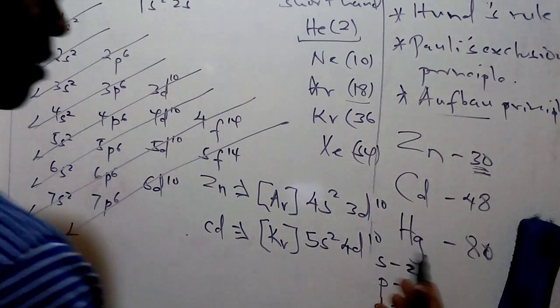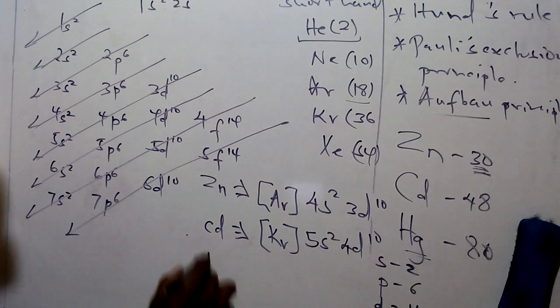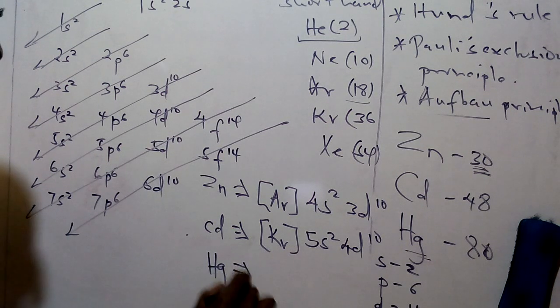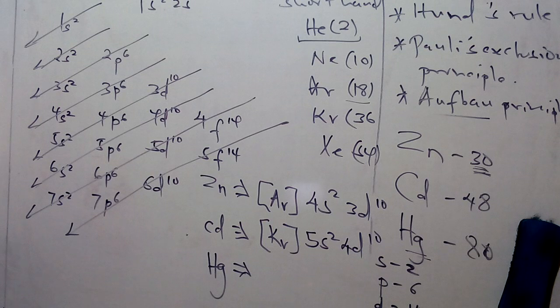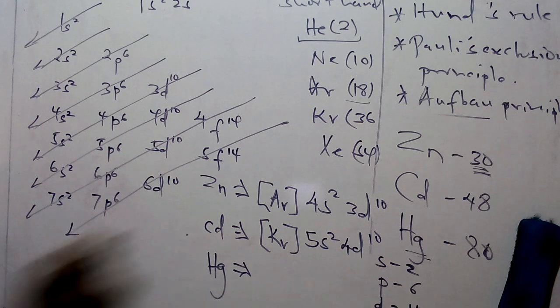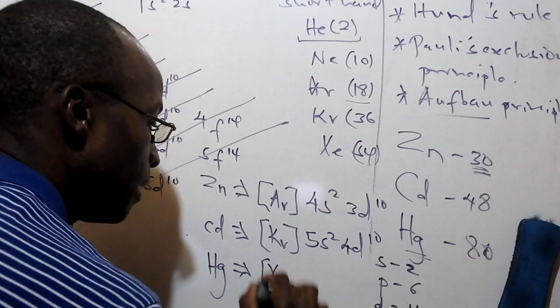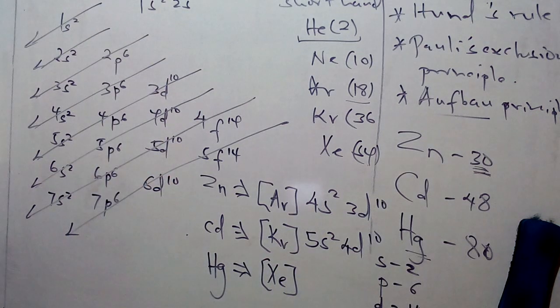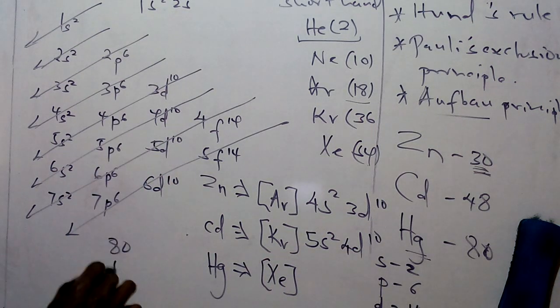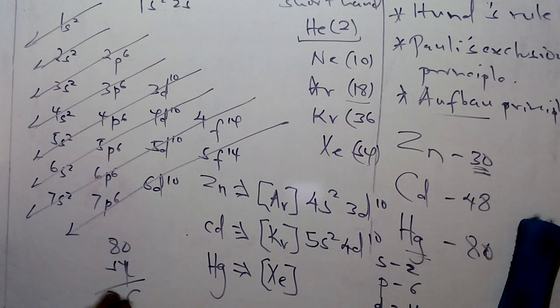The last one is mercury, which has an atomic number of 80. Its configuration is going to consist of xenon, and then the remaining. The difference between 80 and 54 is 26.